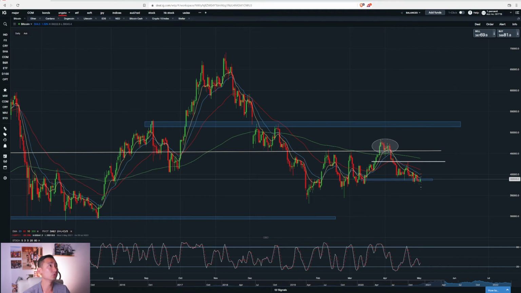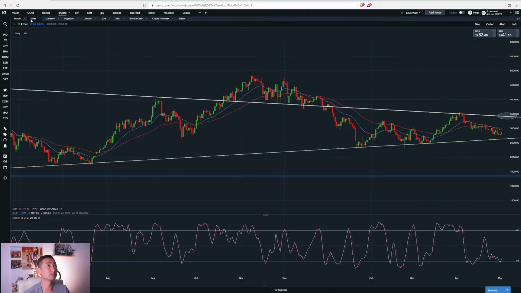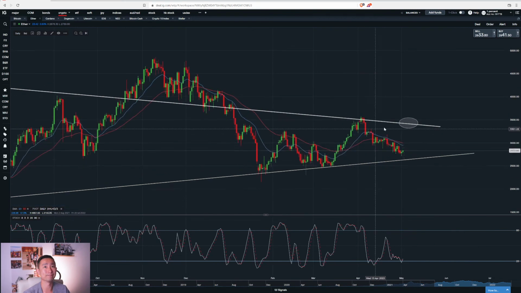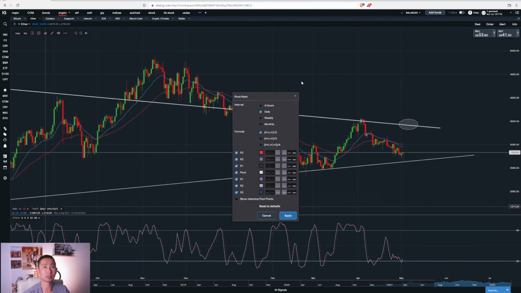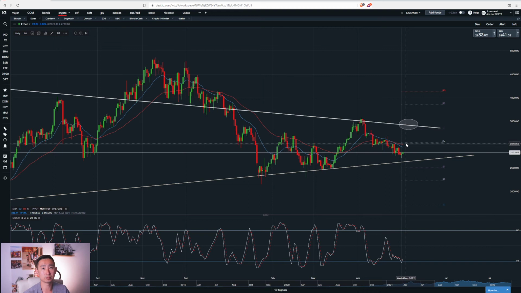Moving on to Ethereum. Interesting. So let's see where the monthly pivot is. I don't think we are going to see a pullback back to 3,500 here. Let's see if I can draw a trend line to see where is a good area to sell it.